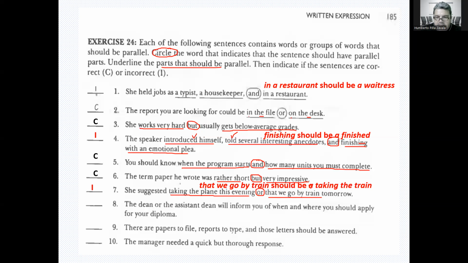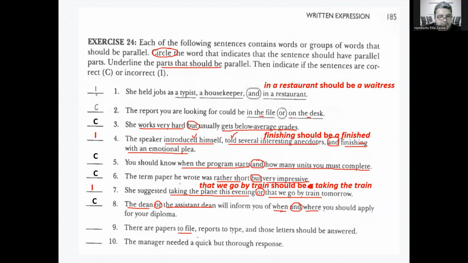Not A. That we go by train should be taking the train or taking the train. The dean or the assistant dean will inform you of when and where you should apply with your diploma. Okay, so we got that. When, where, the dean, the assistant dean.